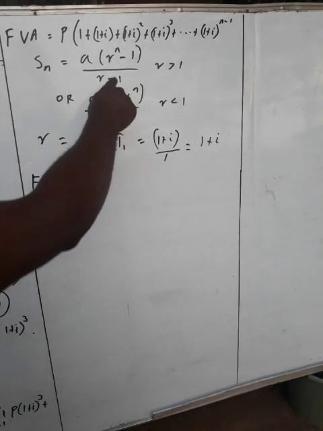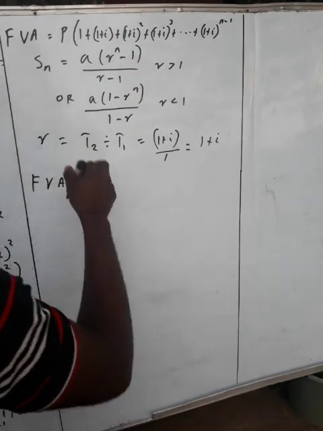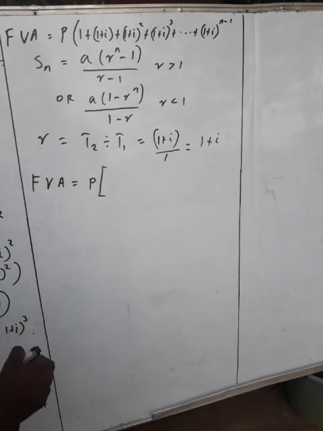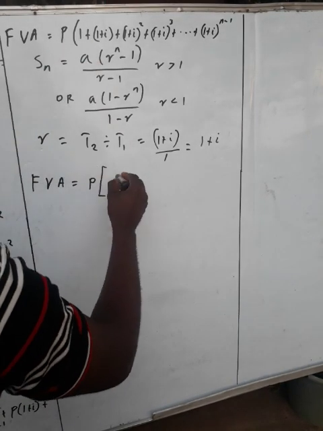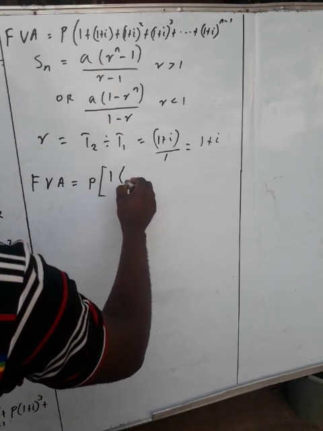Note the power of r won't change. My first term here, which is a, is 1. So I'll have 1 times the bracket.